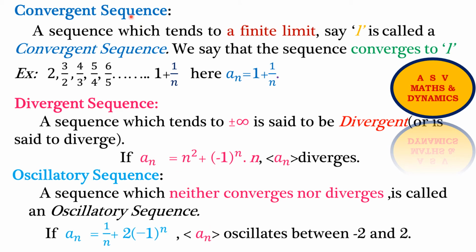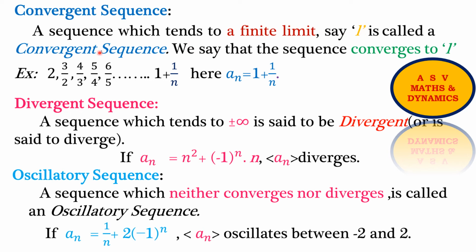Right now, convergent sequence. So here, what is the difference between the limit and convergent sequences? Limit is any variable approaches any point, but the function approaches or is equal to the limit. But here, the sequence approaches a finite limit, say L is a particular finite limit.